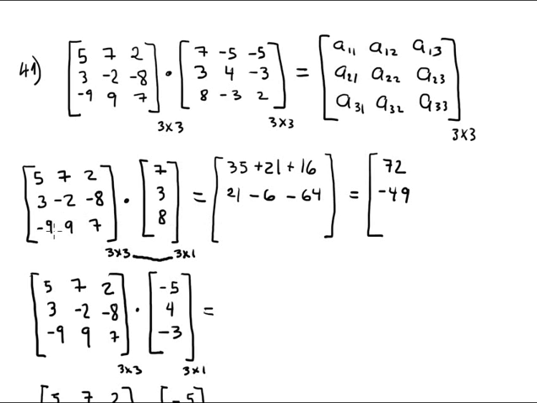Negative 9 times 7 is negative 63, negative 63 plus 27 plus 56, the answer is 20. It's 3 by 1, and this is the first column of the matrix.